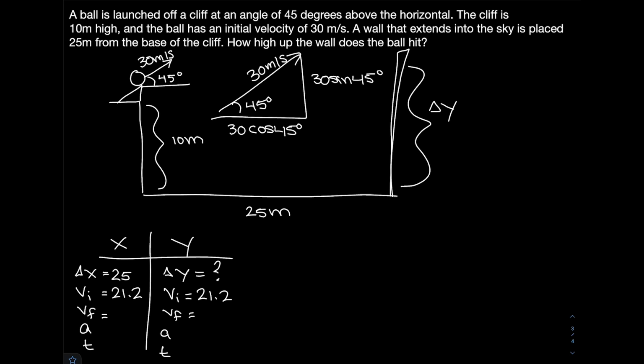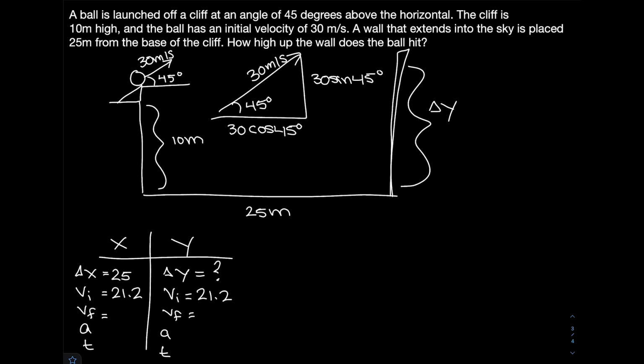But in the x direction, we actually are able to understand what that velocity is going to be, because in physics kinematics, we assume that there is no air resistance in these types of problems, because that would add an unnecessary layer that would add complexity to the question.